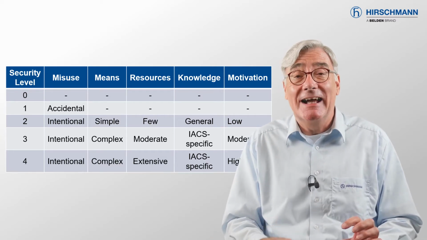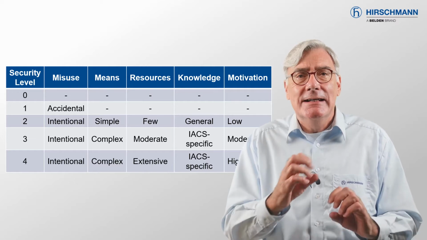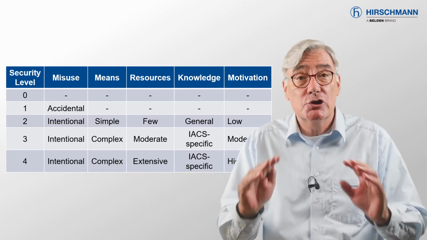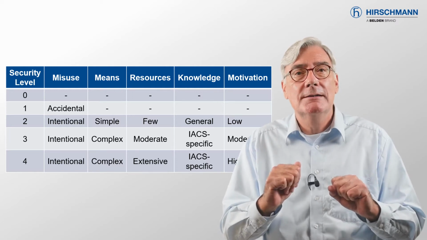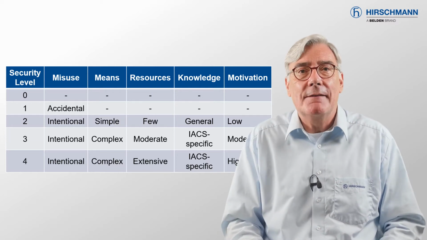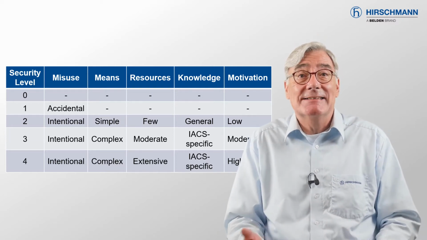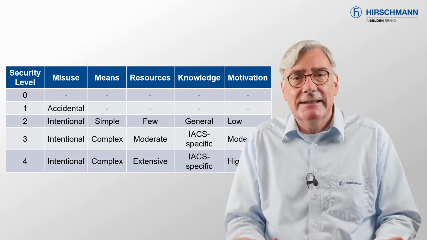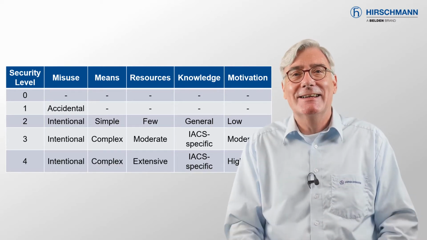SL2 includes additional functionality designed to deter attackers who have low motivation and capability, typically a casual hacker. SL3 assumes that the attacker has knowledge of IACS systems, such as equipment and protocols, together with a malicious agenda.